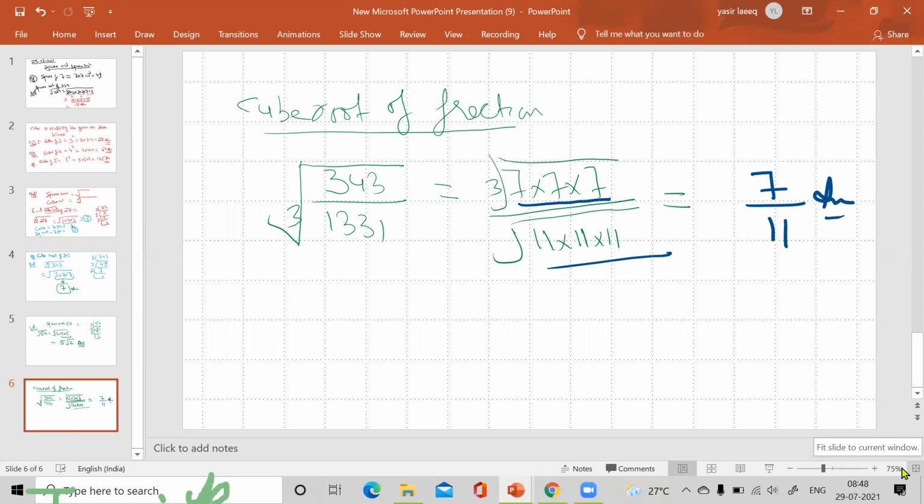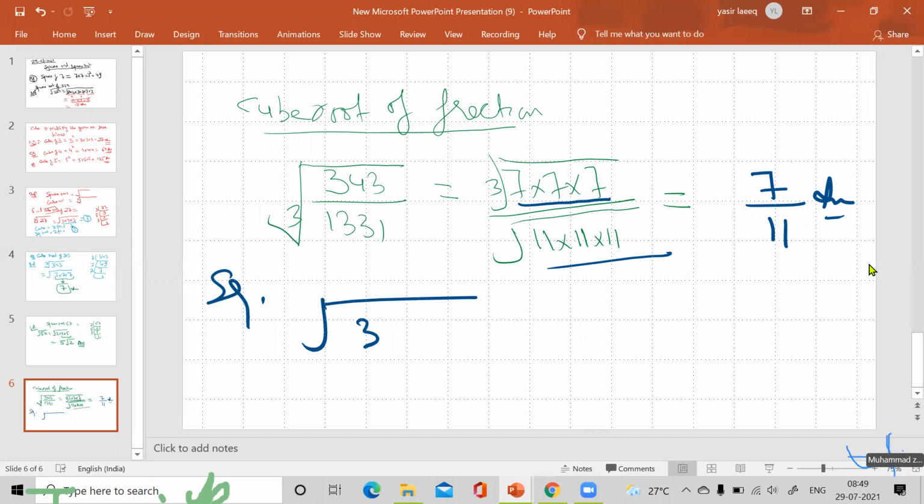What you have to do in cube root, just remember what you are doing. You are doing cube root or square root. If you are doing square root, just make a pair of 2 and pick one number. I am saying again, make a pair of 2 and just pick one number. Suppose I am talking about square root.